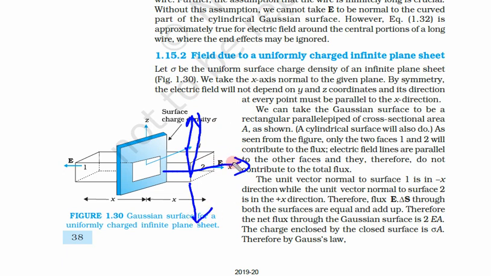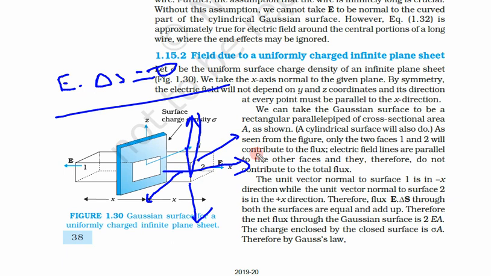Similarly for the lower one, E dot delta S is 0 because cos theta is cos 90 degrees, which is 0. Similarly for these y faces, it is again 0 because of 90 degrees. For positive z and negative z, the normal makes a 90 degree angle with the electric field, again 0.